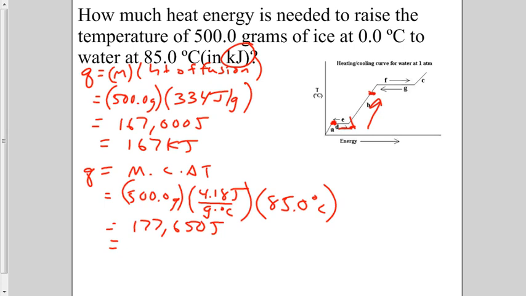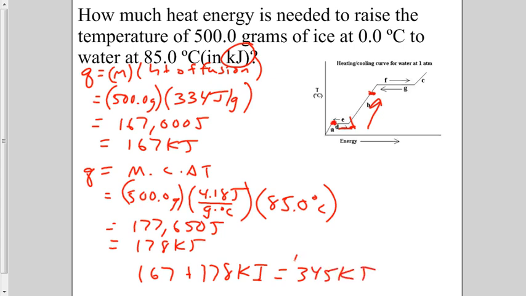Converting that to kilojoules and rounding to the same number of sig figs that we're going to have to add together, that's going to come out to 178 kilojoules. Final answer then is going to be the 167 kilojoules plus the 178 kilojoules, which comes out to 345 kilojoules.